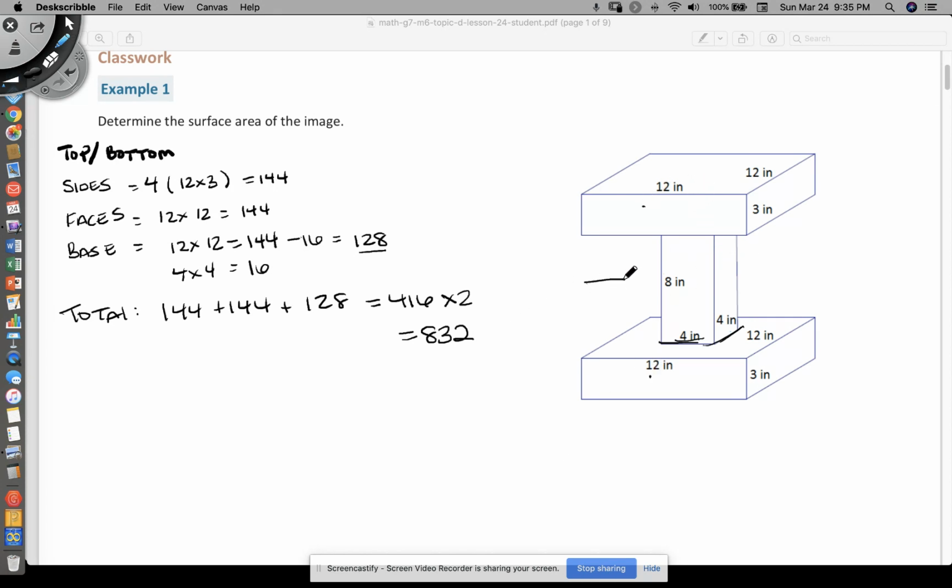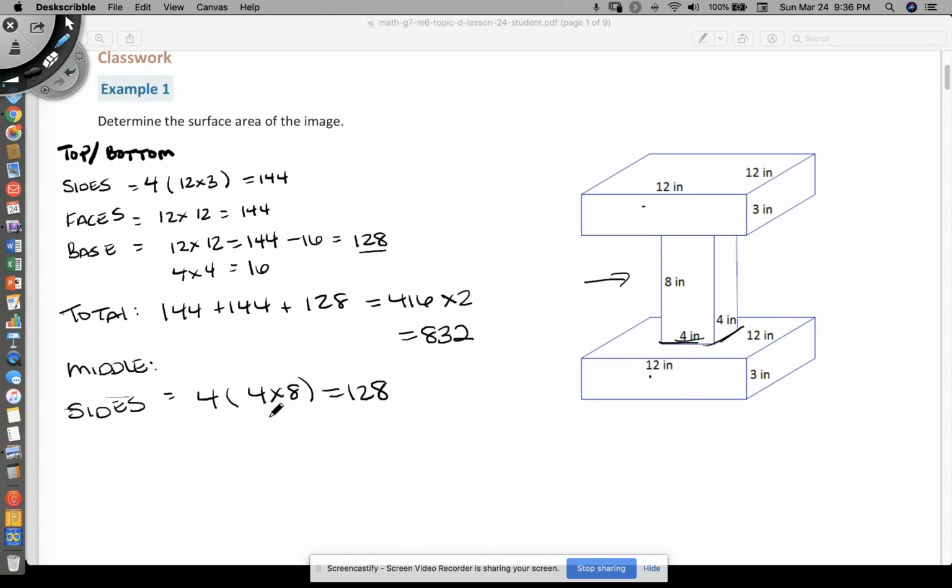Now let's talk about the middle section. We'll just call it middle. For the middle, I have sides. I have 4 sides because this is also rectangular. So let's write down we have sides. Since I have 4 of them and all of them are 4 by 8s, that'll give me 128.